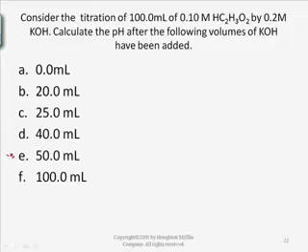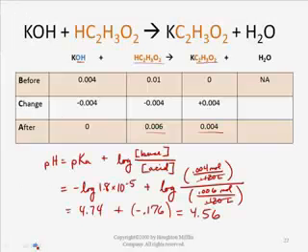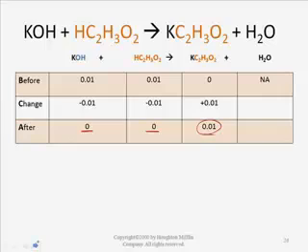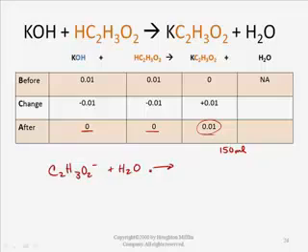I've added 50 milliliters of that too. So I have 150 milliliters as my total volume at this point. I do need to know that, because at the equivalence point, all I have is my conjugate base, which means I'm going to get an equilibrium set up here.